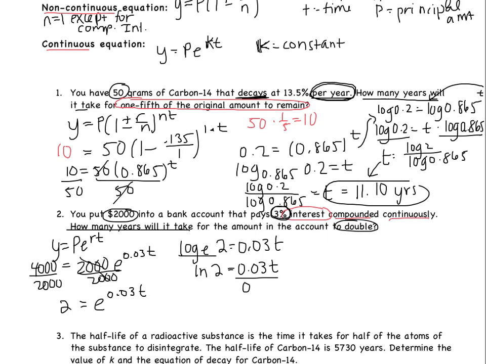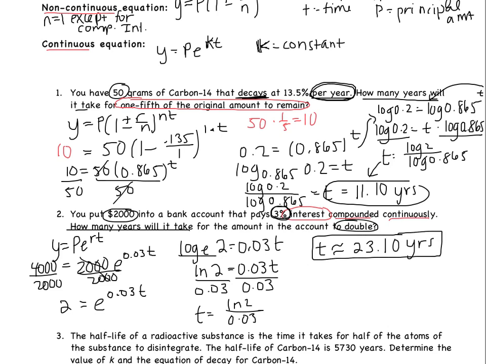I'm going to divide by 0.03. So in my calculator, I'm going to do natural log of 2 divided by 0.03. I need to make sure that I end my parentheses after that 2, so that I'm only taking the natural log of 2, and then I divide by 0.03. When I do that, I get t to be about 23.10 years.